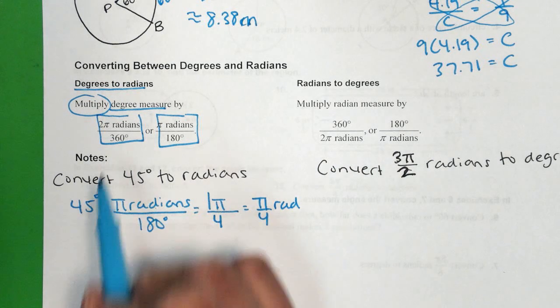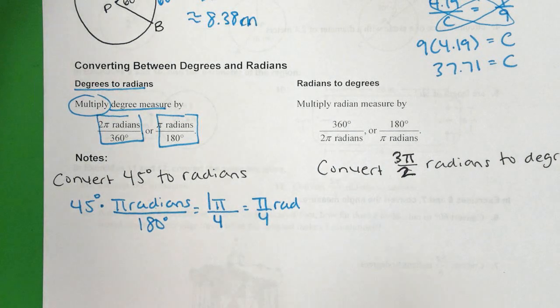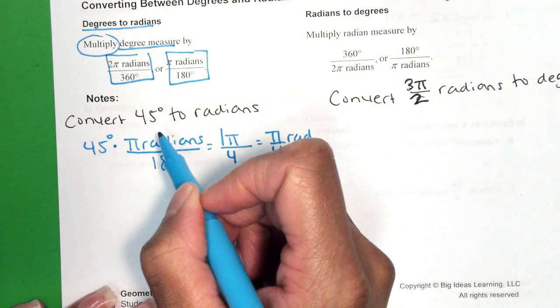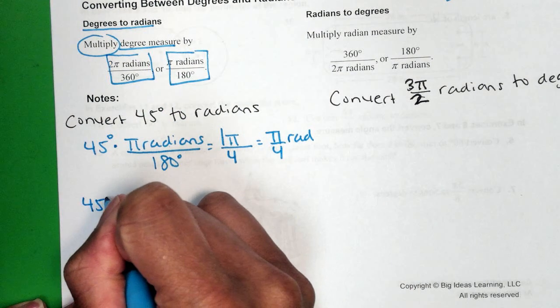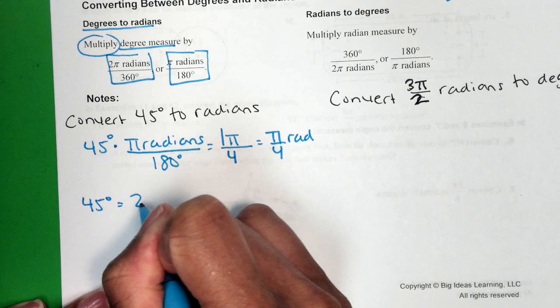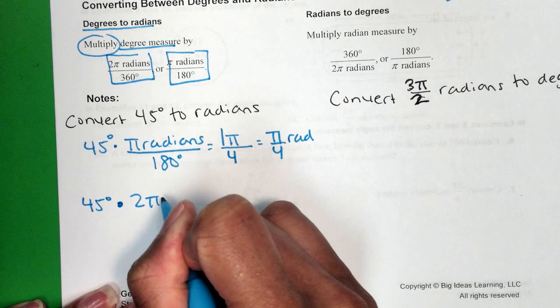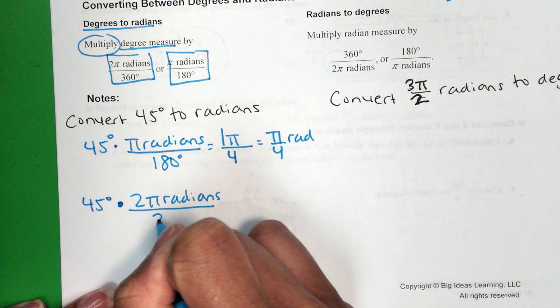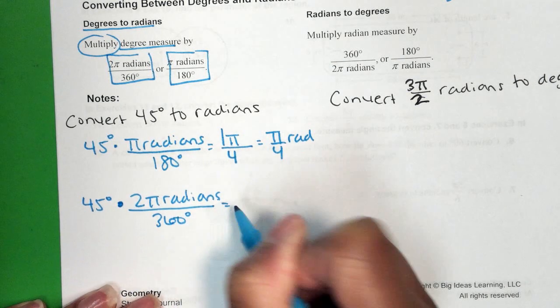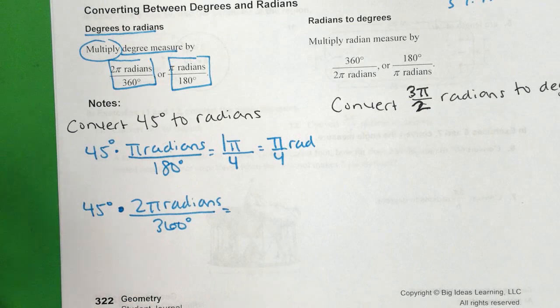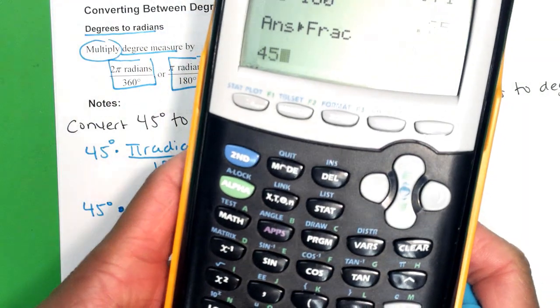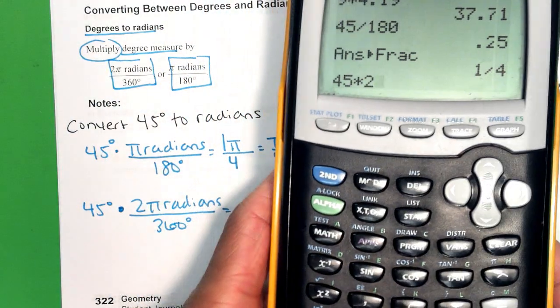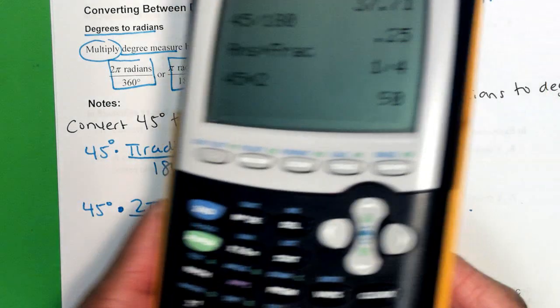Okay, so let's see if I try the other one, do I end up with the same answer? So I take my degrees, 45 degrees, multiplied by 2 pi radians all over 360 degrees. So my degrees cancel out, and I have 45 times 2, I get 90 over 360.